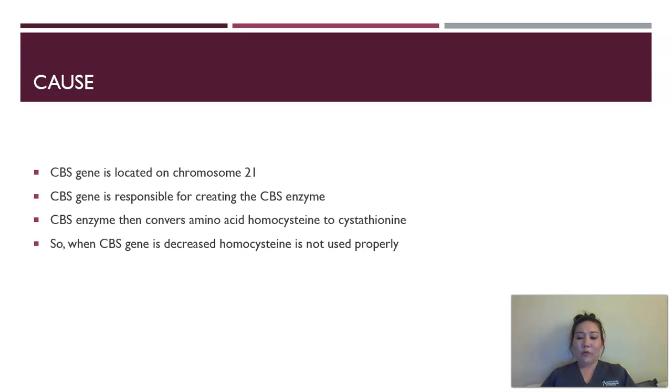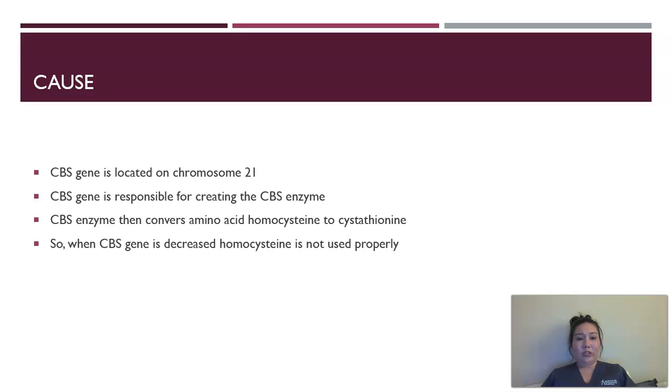As I mentioned before, it is autosomal recessive, which we know means both copies of the gene have mutations. The parents of an individual with a recessive condition usually each carry one copy of the mutated gene, but they don't have signs or symptoms. And that's how it's passed down.